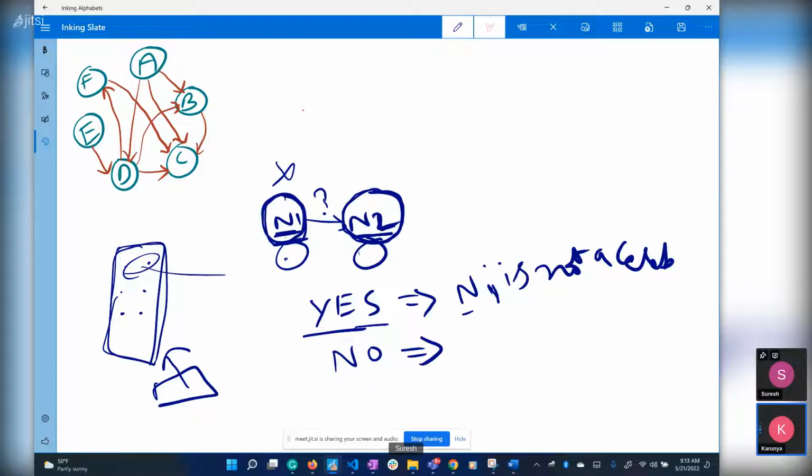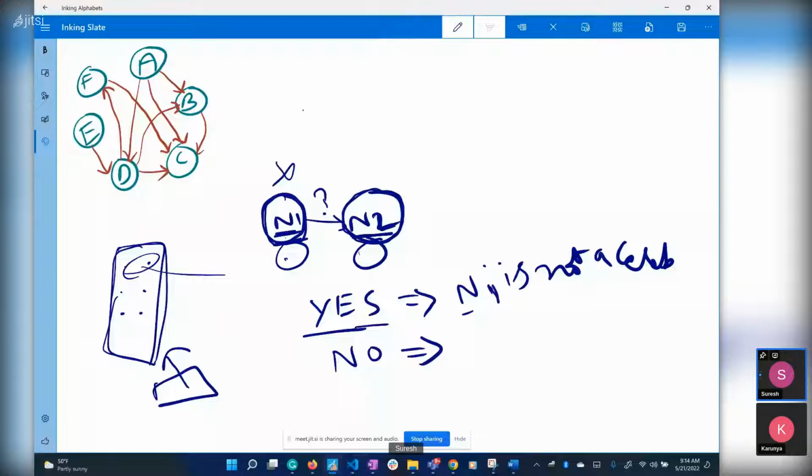The other way is also possible, right? No. So N1 doesn't know N2. We are not asking any question to N2 yet. We asked only one question. Do you know N2? We are asking N1. Okay, we got the answer, no.